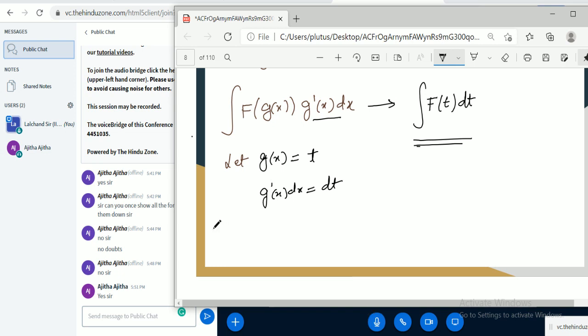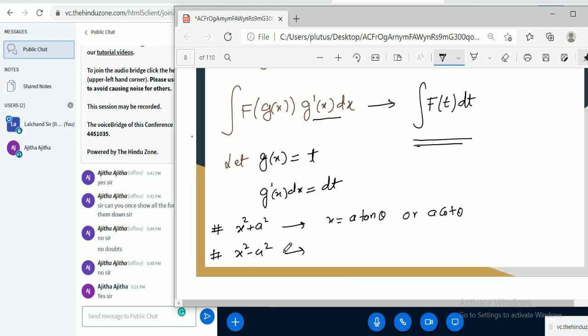Few common substitutions are like, if we have x square plus a square, then we can let x equal to a tan theta or a cot theta. Okay. If we have forms like x square minus a square, then what is the common substitution for this form?